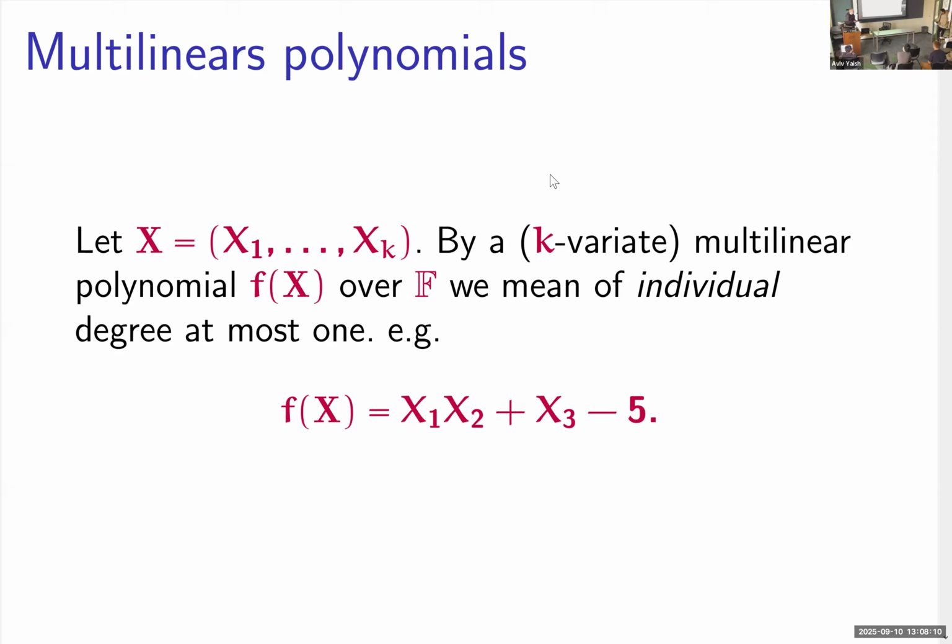So for example, this polynomial. Recently I started noticing that there's something confusing about this name, at least for me, because if you allow a constant term, it's not actually a multilinear function, but this is what people call a multilinear polynomial.